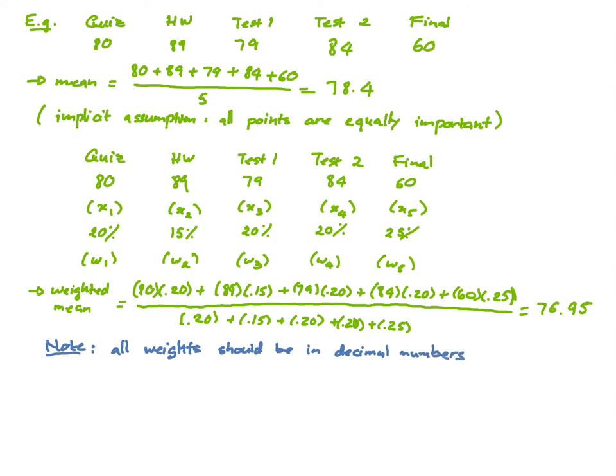Okay? So although in the original problem I have the weights being expressed in percentages, when I use those weights in the formula, I turn all of them into decimal numbers. Right? Okay.